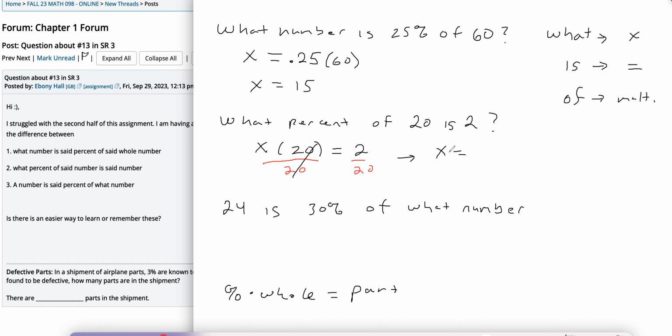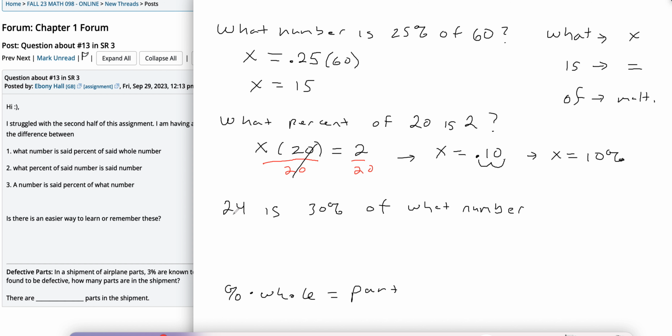So then that would be x equals 2 divided by 20. If you put that into a calculator, you get 0.1 or 0.10. And I'm putting that 0 there because this asks for what percent, so right now we're in decimal form, so then I would move that decimal 2 places, and then that would mean x is 10%, which makes sense. If we think what percent is $2 of $20, yeah, that'd be like 10%.